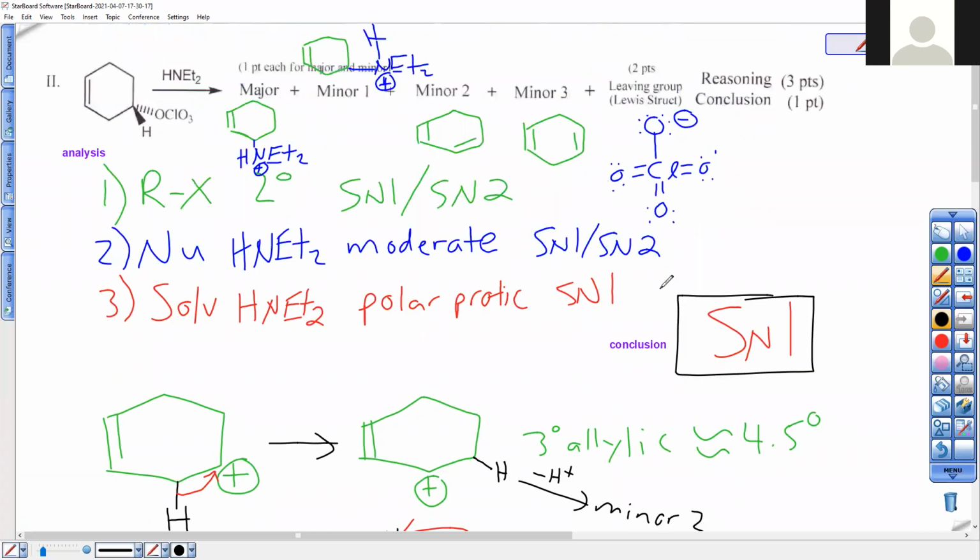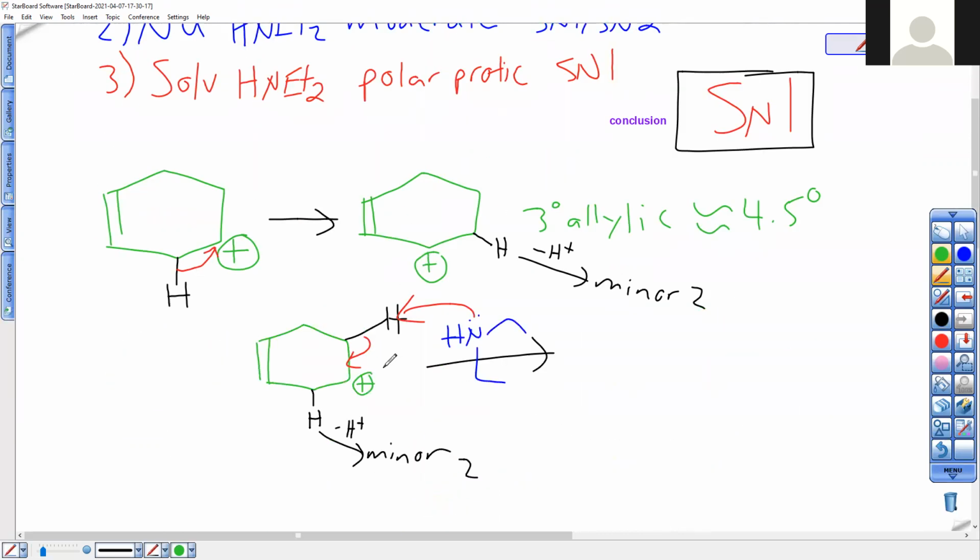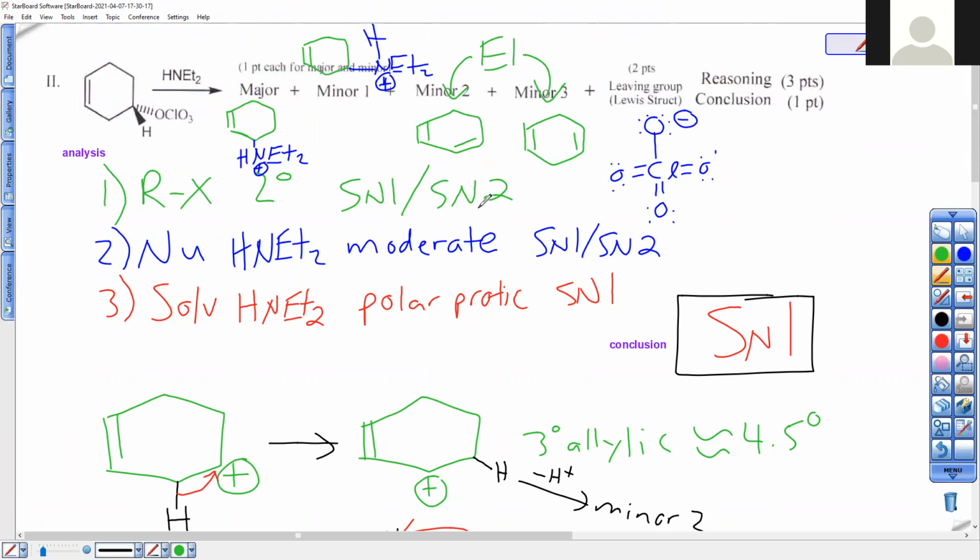So we can, in our mind, I have to lose the H there, and I get these 2 minor products. These are E products, both of them. E1. Why E1? Because they came from carbocations. So if you have a 1 in the name, you better be having a carbocation in your brain.